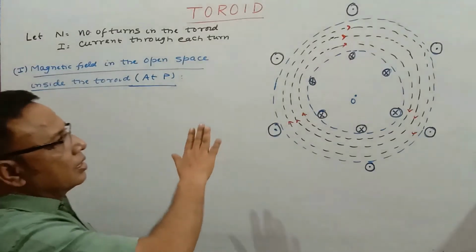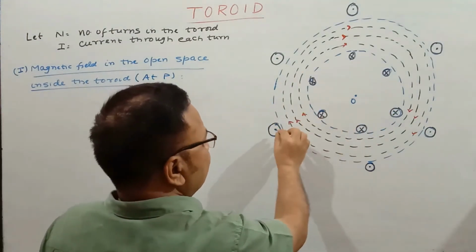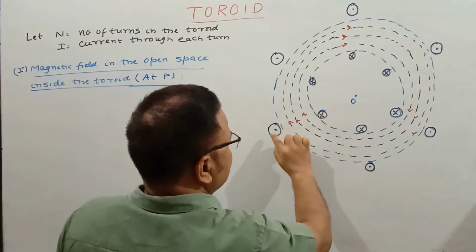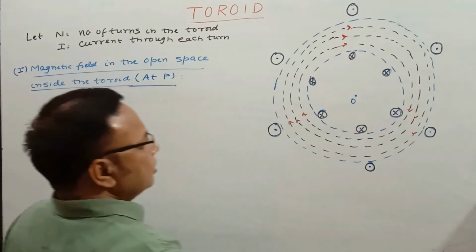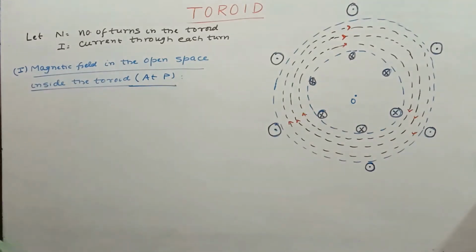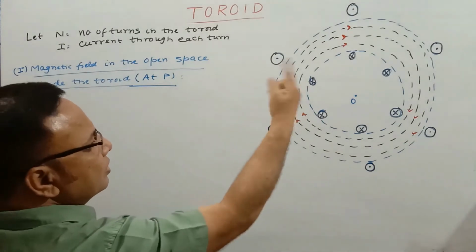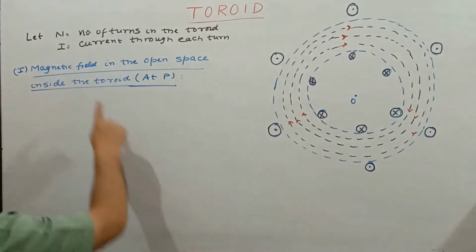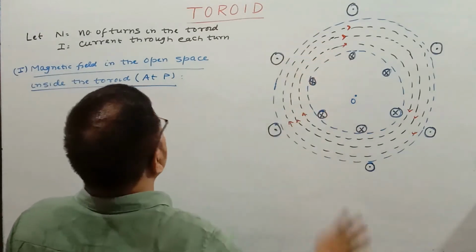Here, this is the cross-sectional view of a toroid. This wire is coming from here, going inside. Again, the turns are overlapped over the given torus. There are N number of turns of wire in the toroid, with current I in those turns. Suppose I comes from here going in, again I comes from here going in, like this.